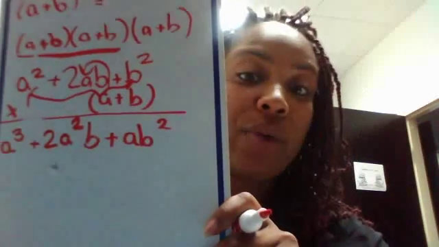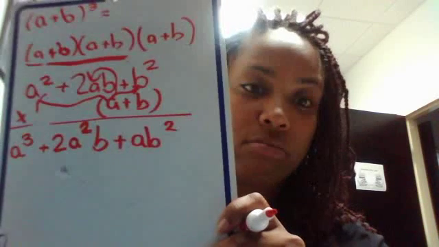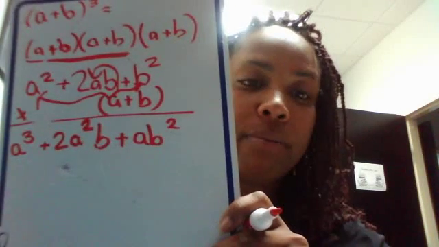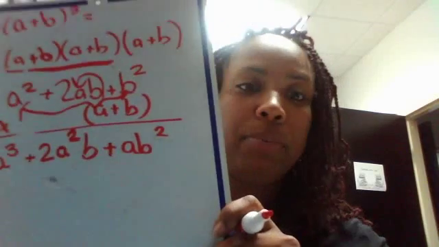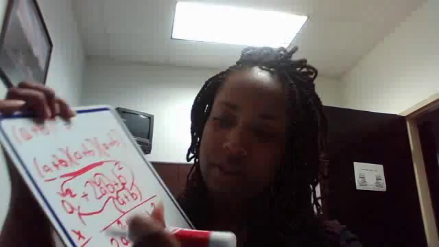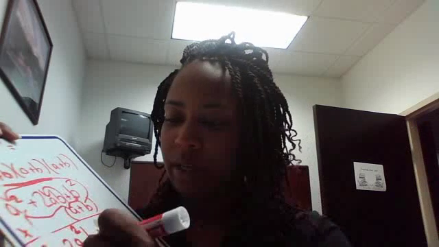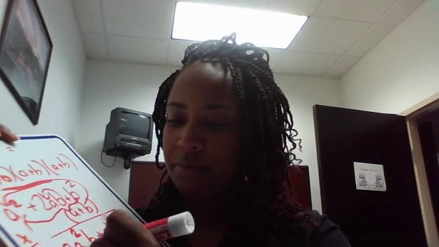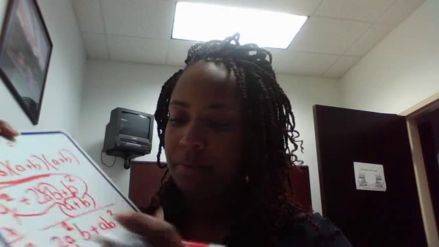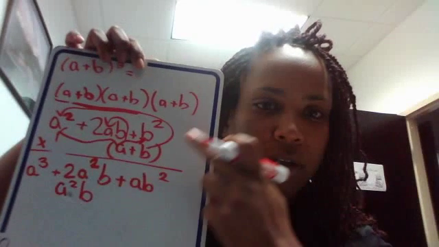Now, just like a regular problem, we're going to have to multiply the back part. So let's multiply the back part. B times A squared first will give us A squared B, because I did B times A squared.